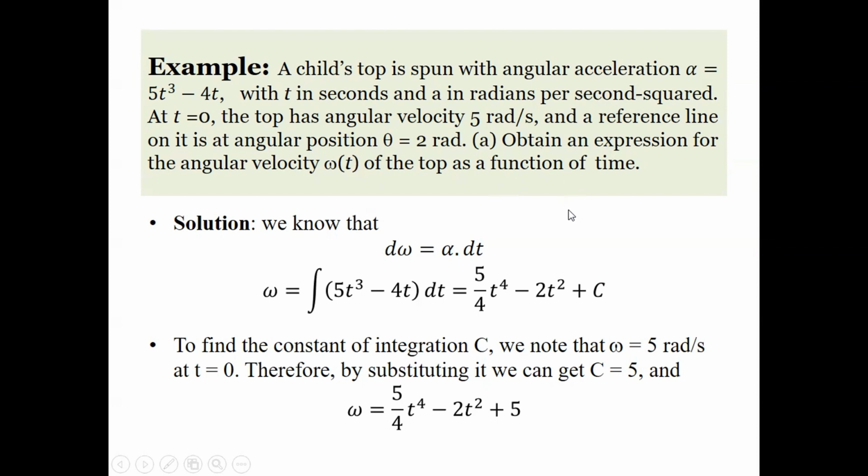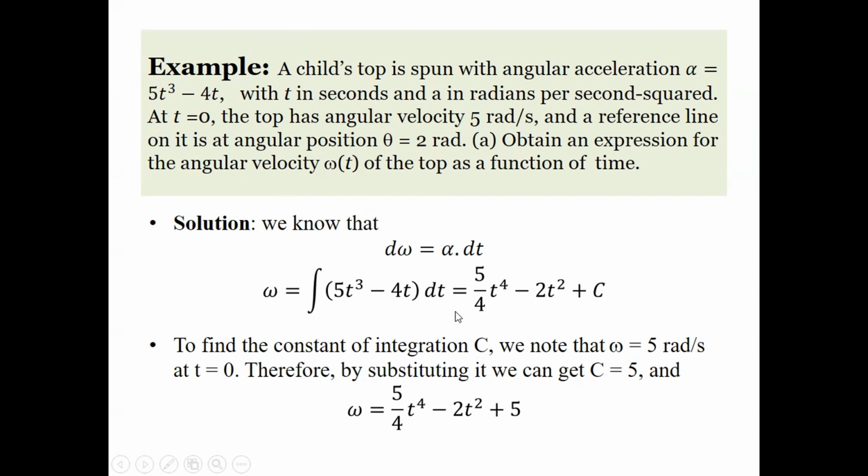So we use the definition of the angular acceleration as the rate of change of angular velocity. So d omega over dt is the angular acceleration. Therefore, d omega is equal to the angular acceleration multiplied by dt. We substitute the angular acceleration value as 5t cubed minus 4t and then take the integration.